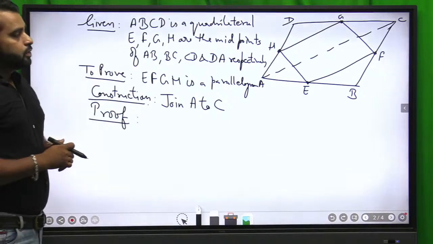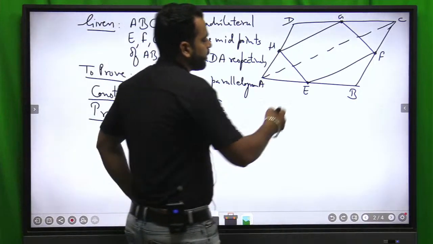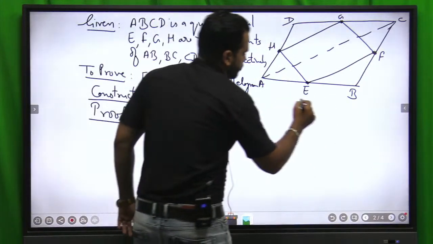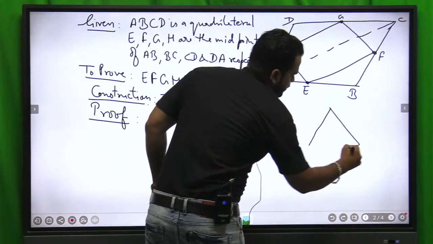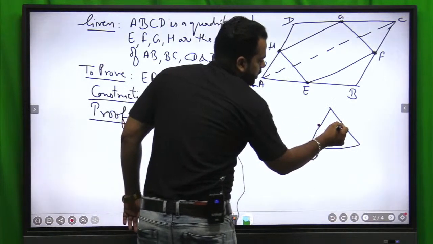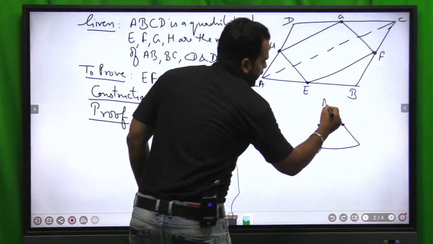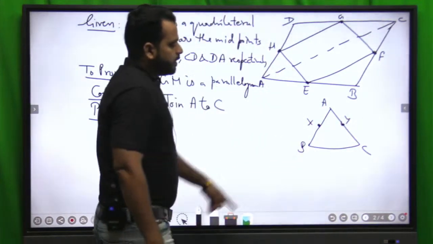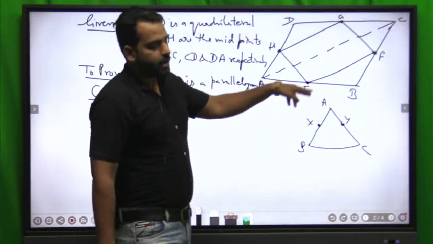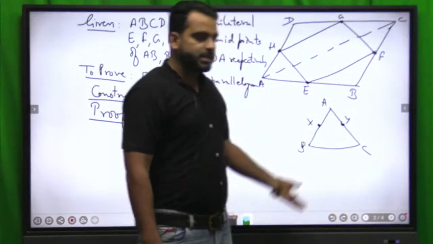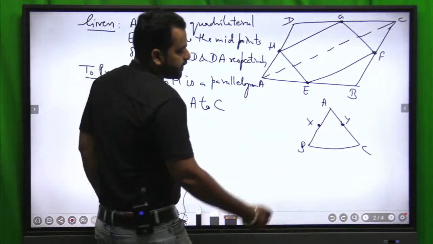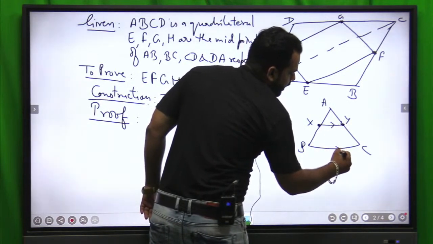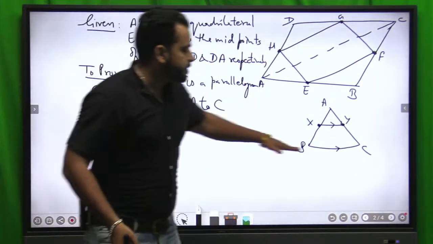For that we use a theorem: in a triangle ABC, if X is the midpoint of AB and Y is the midpoint of AC, then when we join these two midpoints, the line XY will be parallel to and half of the third side, which is BC.